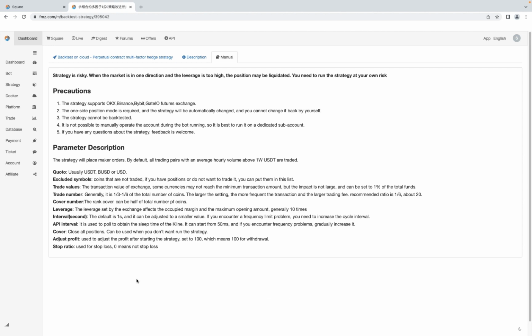For example, when you start running, it is 1000, and when it is set to 0.9, then 1000 multiplied by 0.9 is 900 here. That is, when the total assets are lower than 900 USDT, the account will stop loss.